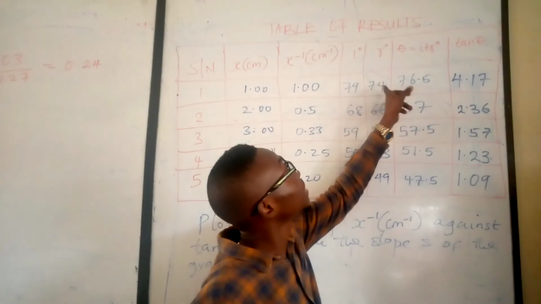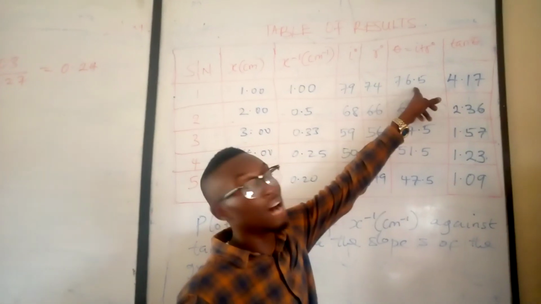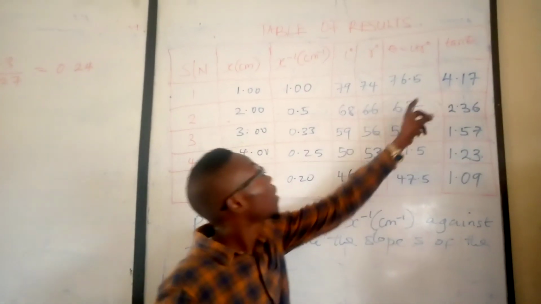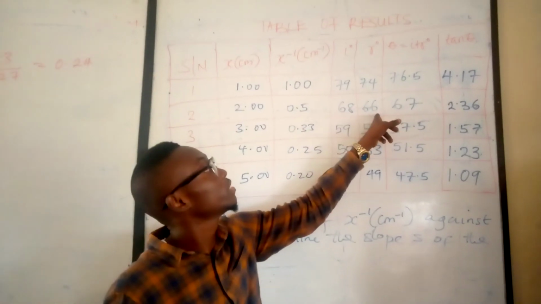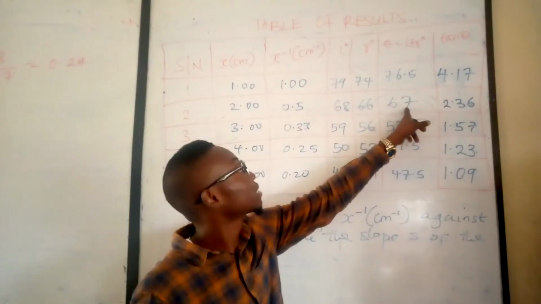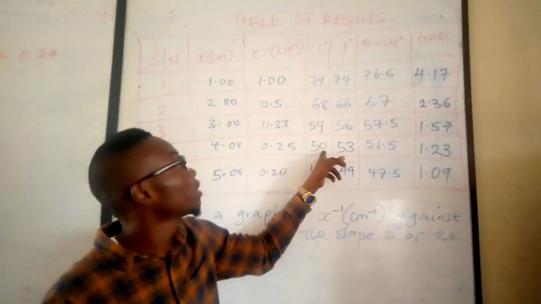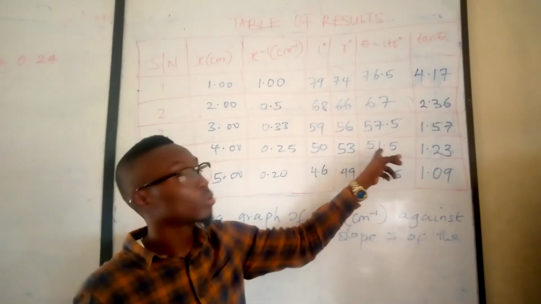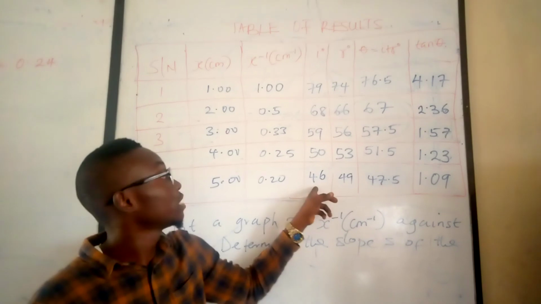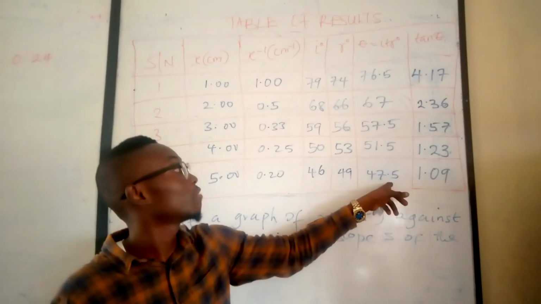We have 79 and 74 divided by 2, we'll have 76.5. And 68 plus 66 divided by 2, we'll have 67. 59 plus 56 divided by 2, 57.5. 50 plus 53 divided by 2, we'll have 51.5. 46 plus 49 divided by 2, we'll have 47.5.